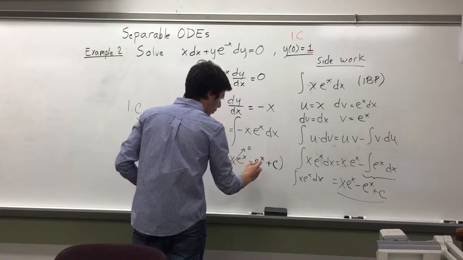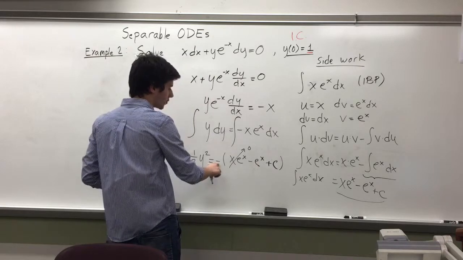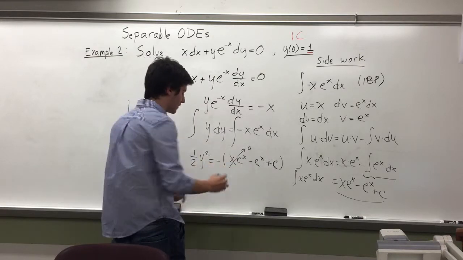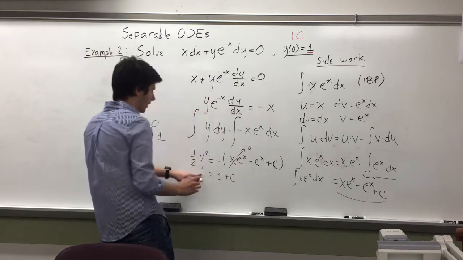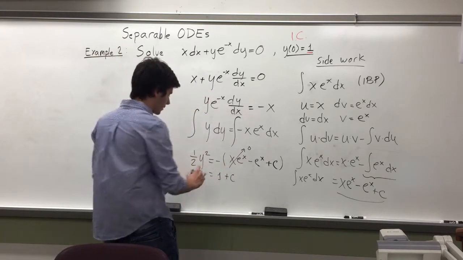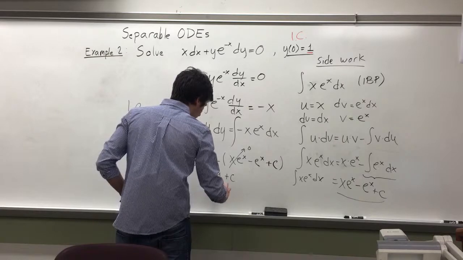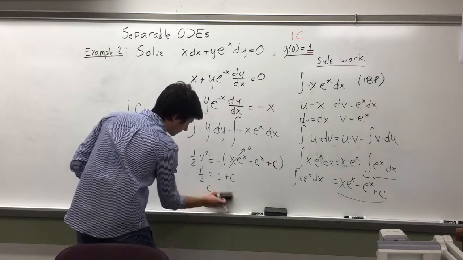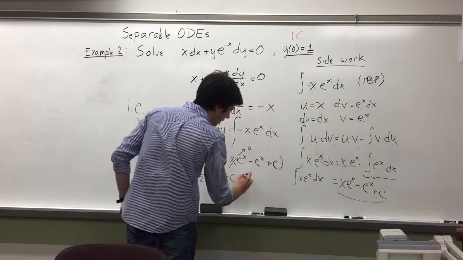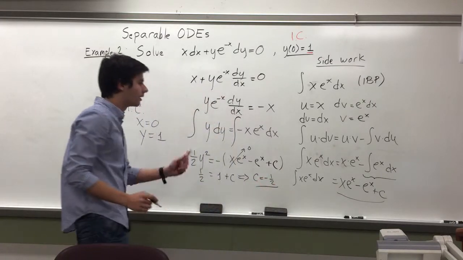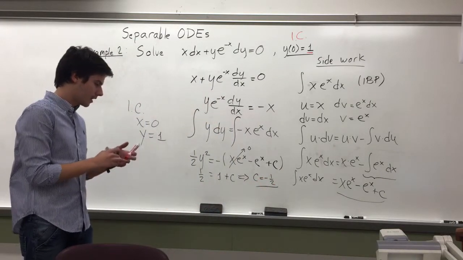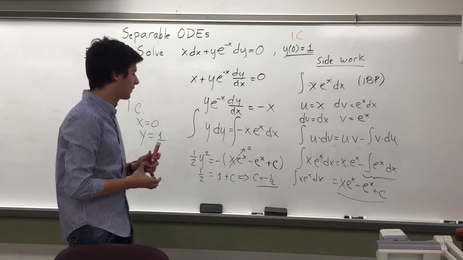This term becomes 1 because when you multiply the two negatives here, it becomes 1. And when y is 1 here, it's just going to be 1/2. So C is just going to be equal to negative 1/2. There we have it. C equals negative 1/2.